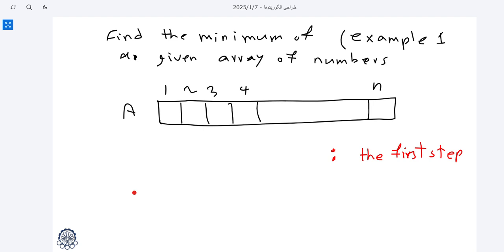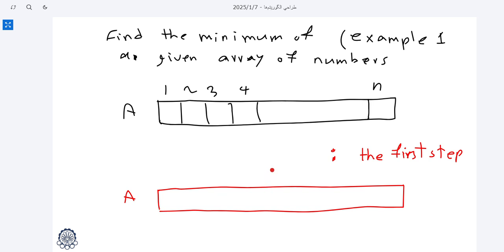I mean, we can divide array A into two sub-arrays: from index 1 to index n divided by 2, and then from index n divided by 2 plus 1 to n.